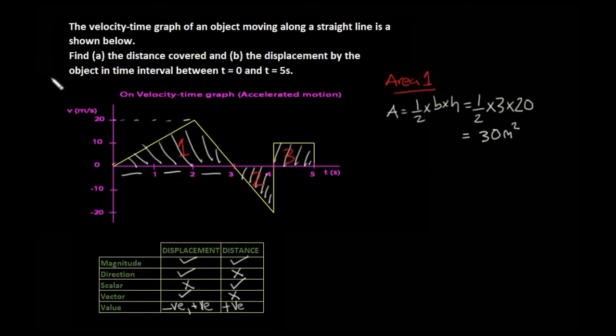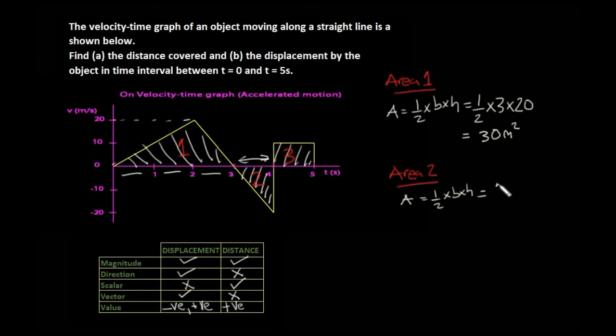Now let's look at area number 2. Now this is the interesting part. Area number 2 again is a triangle. We got area is equal to half times base times height. Now let's look at the base. Base is 1 unit over here, from here to here.